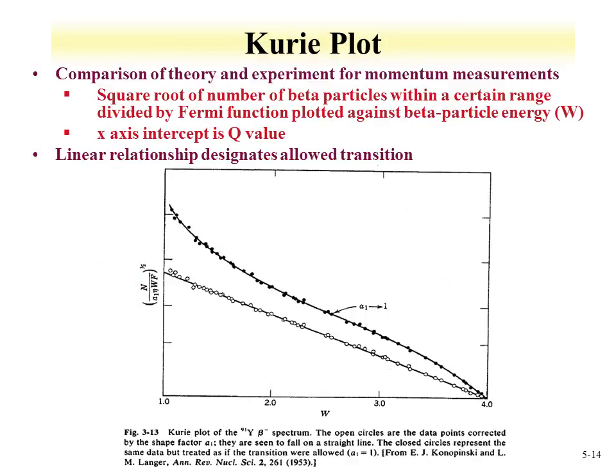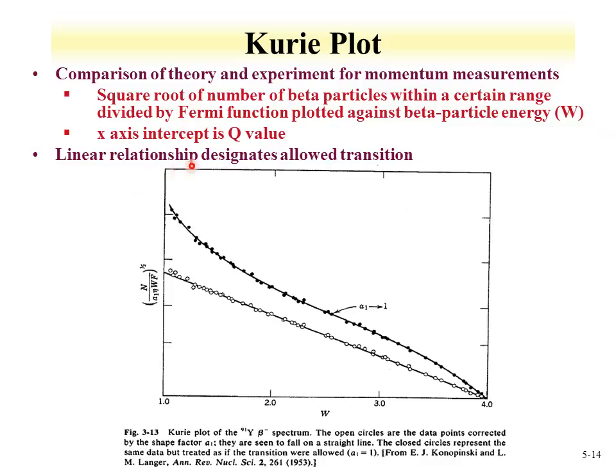There's also another measure of comparing theory and experiment for momentum measurements, and that's called the Curie plot. We're going to briefly describe this, but it's fundamentally the square root of the number of beta particles within a given range divided by the Fermi function, and I plot that against the beta particle energy.